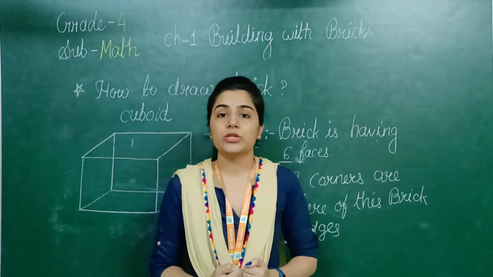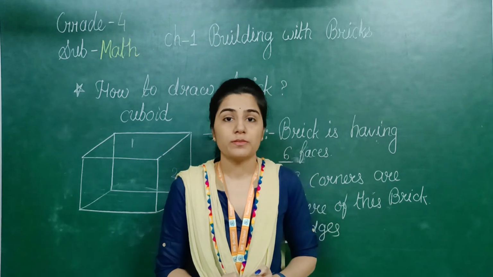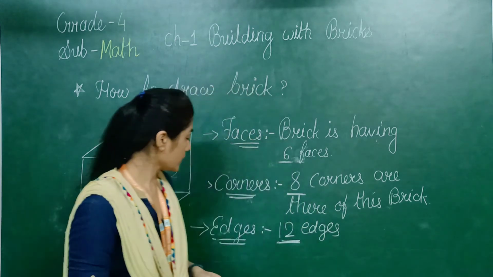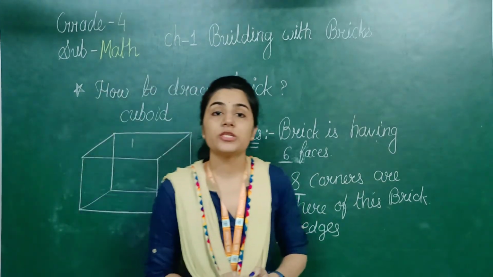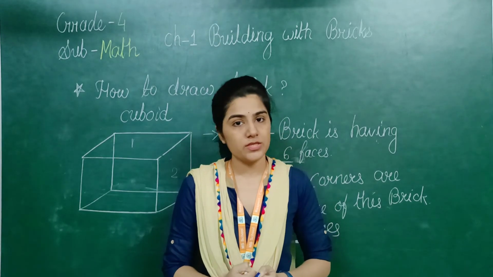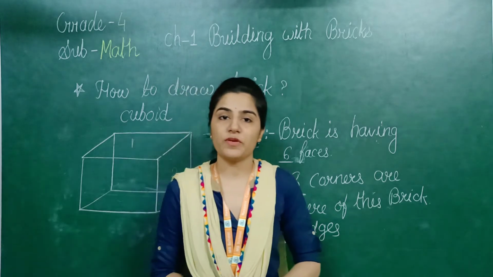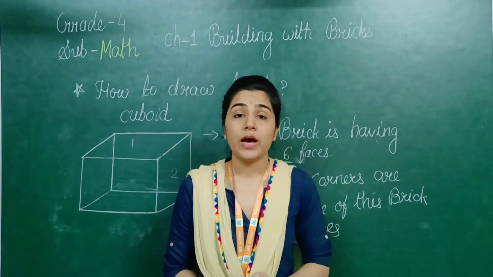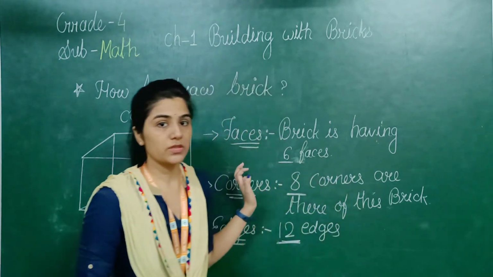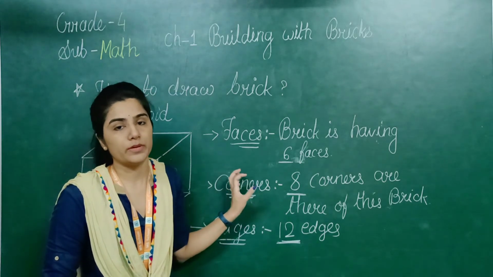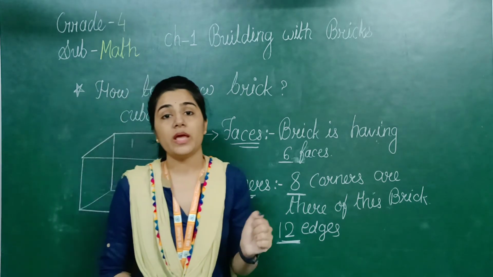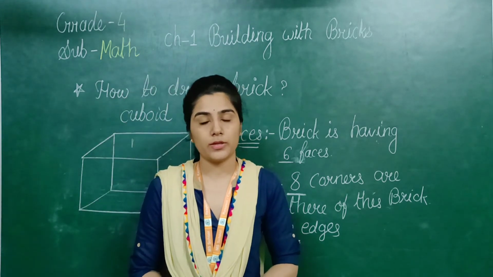There are a total of 8 corners in a brick, right? Edges. There are 12 edges in this brick shape. And faces. There are 6 faces a brick has. You have to learn and remember all these objectives, because at any time, in any kind of question, they can come.